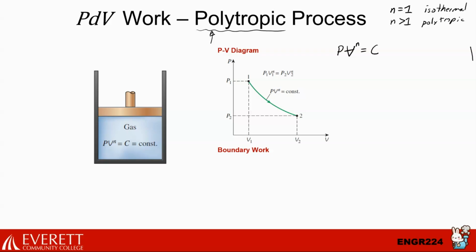It looks similar to the isothermal case, but when we don't have constant temperature, so temperature varies a little bit on either side, really what it means is that our volume is going to change in this nonlinear fashion, actually exponentially different, with the combination of it being multiplied by pressure. We're not going to dive too much into the science here, other than saying that this is going to produce some more interesting boundary work.